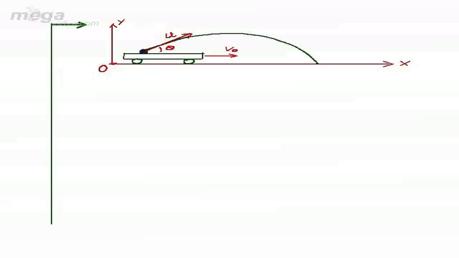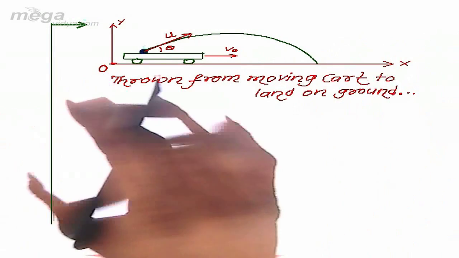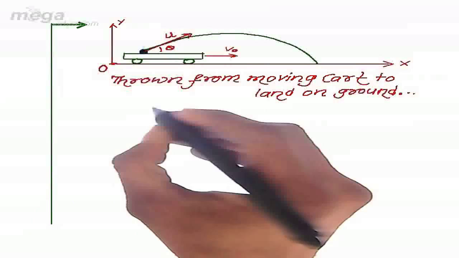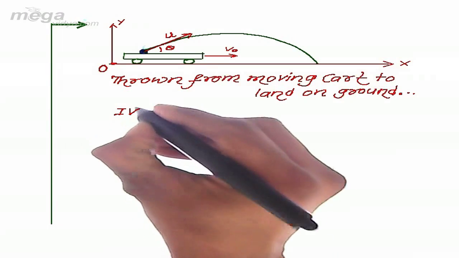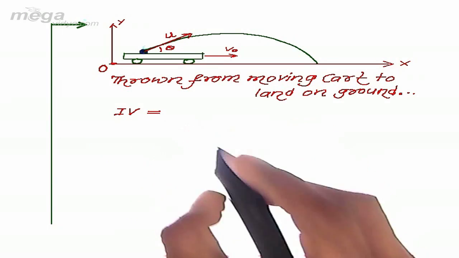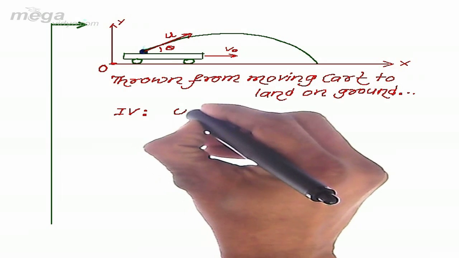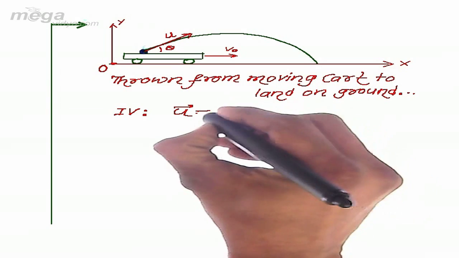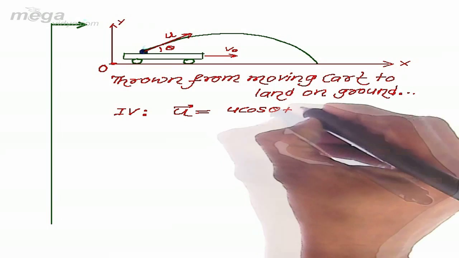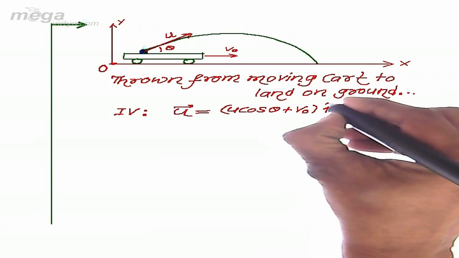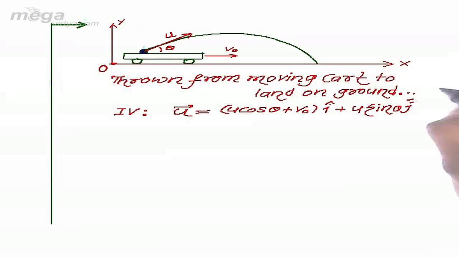If we analyze this motion with respect to this fixed reference frame, we can easily find that the initial velocity of the projectile with respect to ground can be written as vector u equal to (u cos theta plus v naught) i cap plus u sin theta j cap.